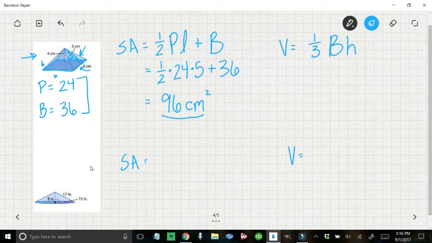Volume is 1/3 the area of the base, which we calculated to be 36 already, times the height of the pyramid, and in this case the height is the straight up and down, so that is 4. When I multiply these things together, I get 48, and units for volume are always going to be cubic, so that would be centimeters cubed.